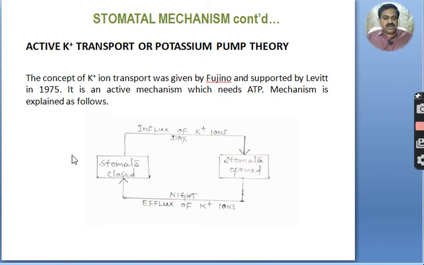This concept was given by Zelitch and Levitt, who proposed this theory, which is said to be the most advanced theory explaining stomatal dynamics to a considerable level.